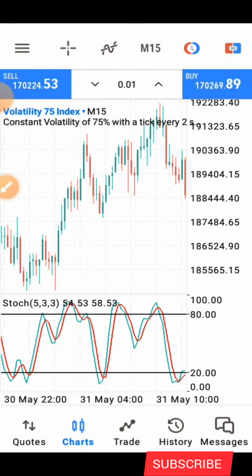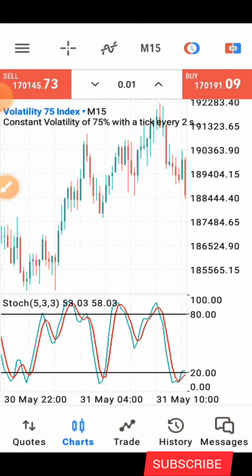Okay, so whenever you do your analysis from the higher time frame and you have confirmed that you are in an uptrend, then all the entries you should be taking are going to be buy entries. And if you do your analysis and you confirm that you are in a downtrend, all the entries you are going to be taking are going to be sell trades only. Okay, those are the things you need to know.